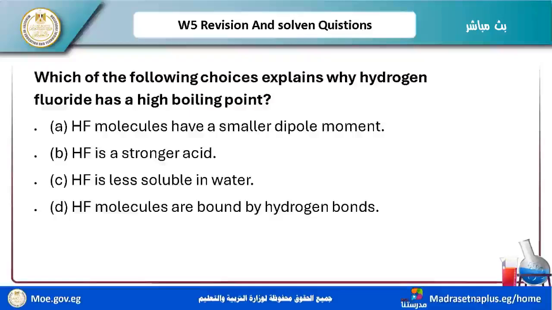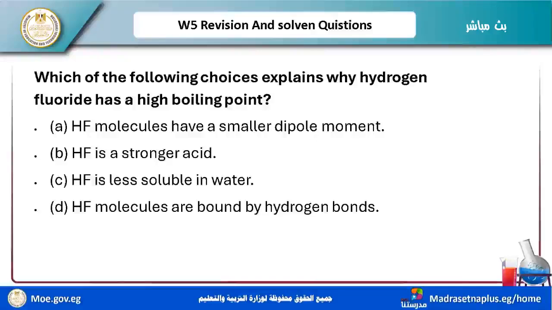So I have the question and I have to think about the true answer. HF is a stronger acid? Okay, that is no problem, but it is not a stronger acid. HF is a weak acid.